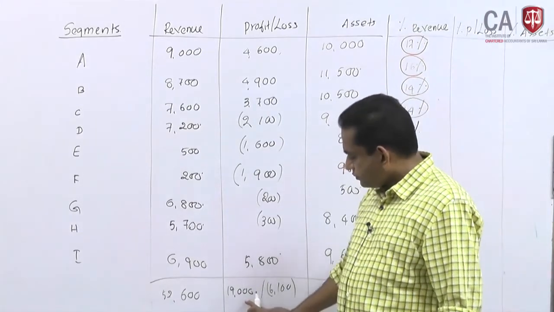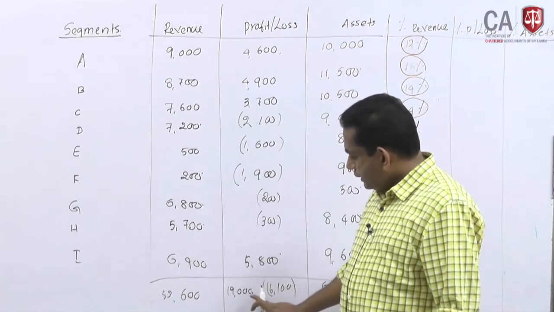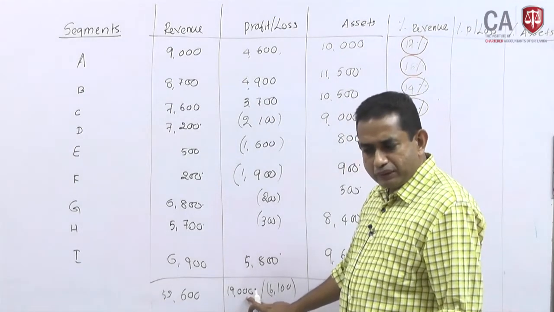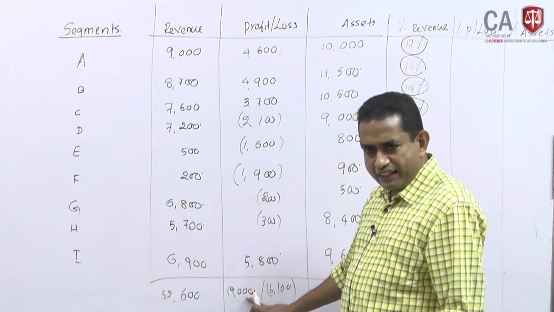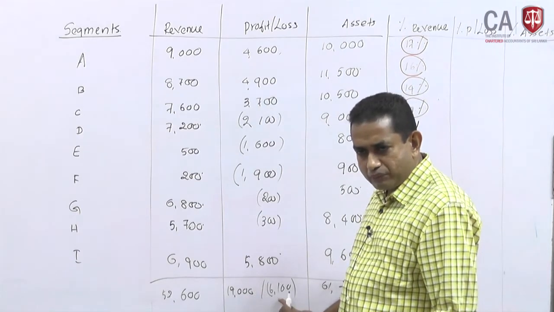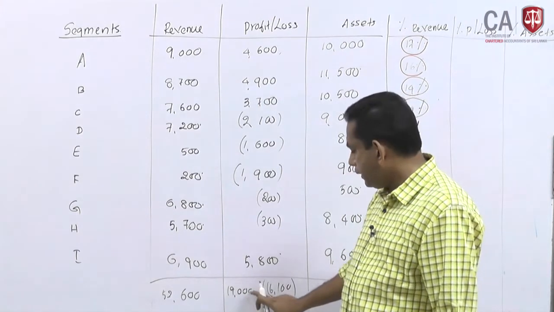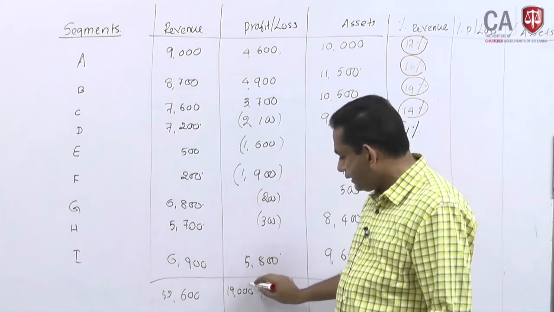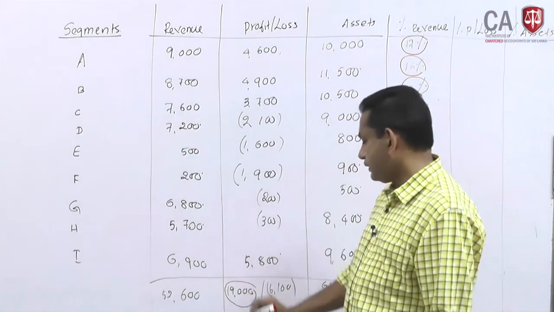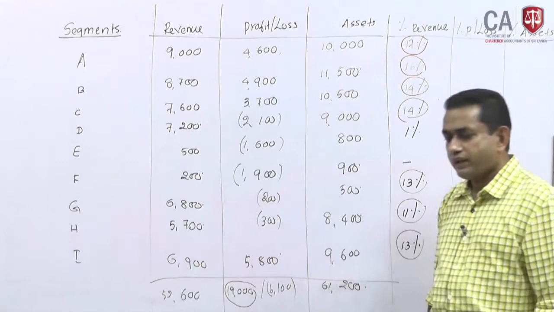Now, compare the total profits of the segments that made only profits and the total losses of the segments that made only losses. Compare those two and select the higher one. 19,000 is the higher.